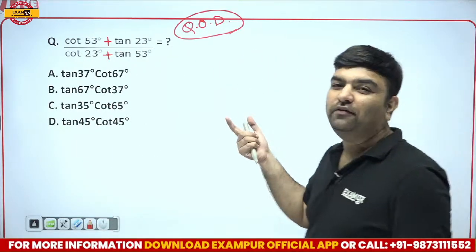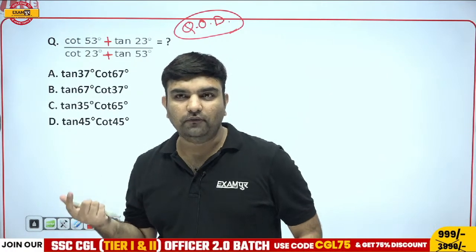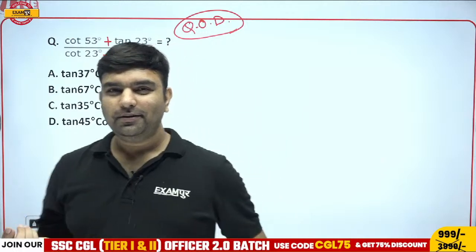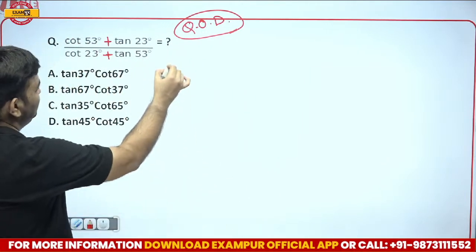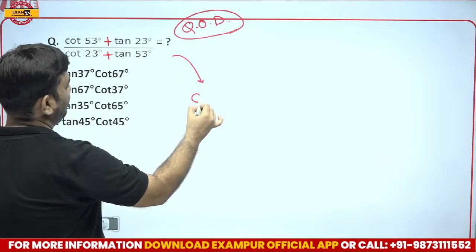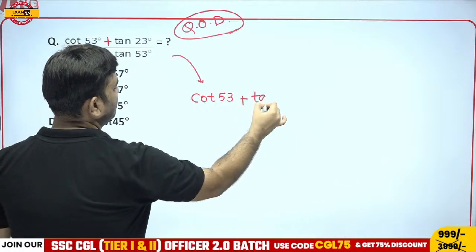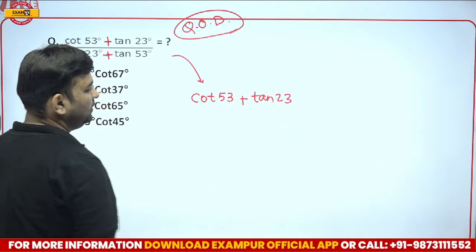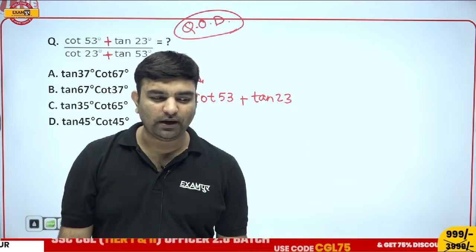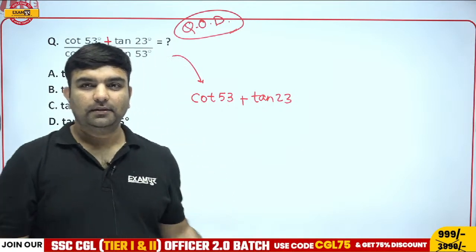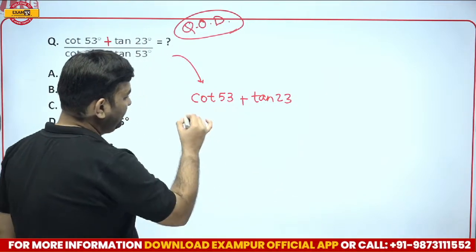Guys, how can you convert a sum into a product? To convert a sum into a product, you need to take inverse.